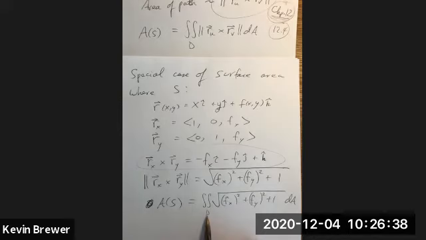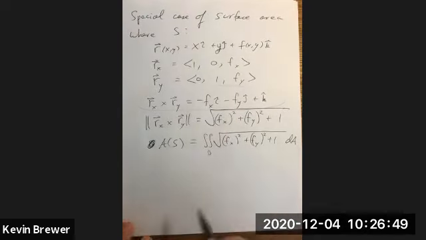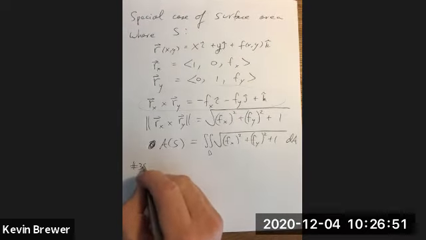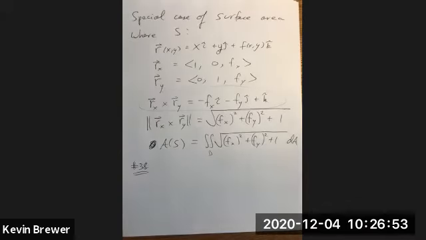Whatever D is now, a region in the XY plane, maybe not a rectangle, but whatever the appropriate region is. Okay, so let's look at an example. Actually, let's work problem number 38 from the book.